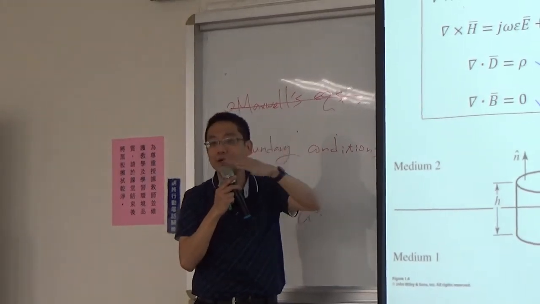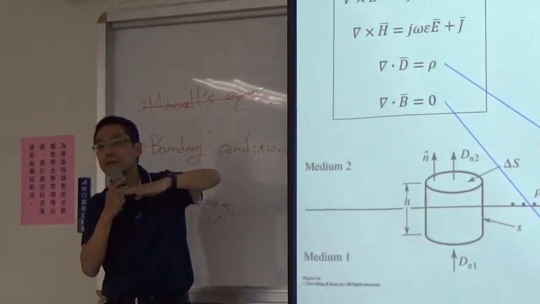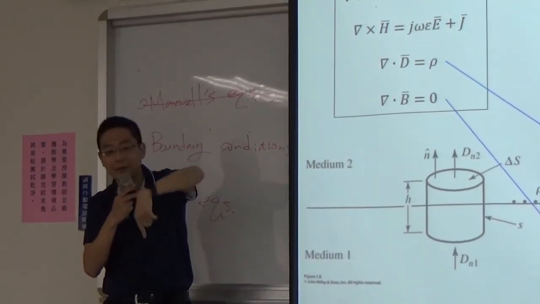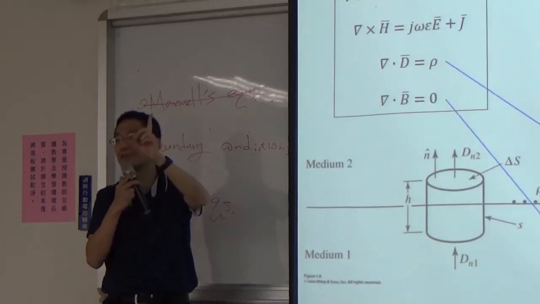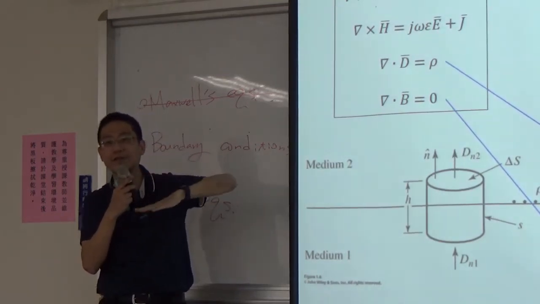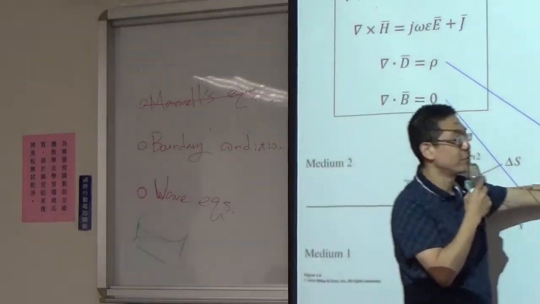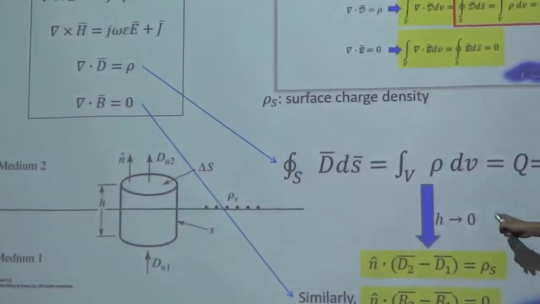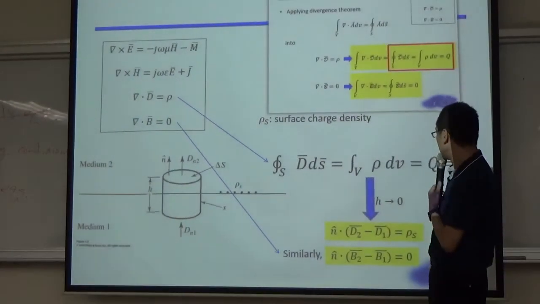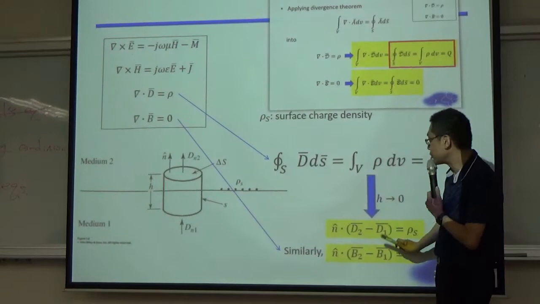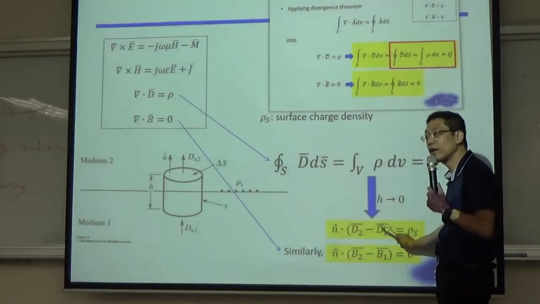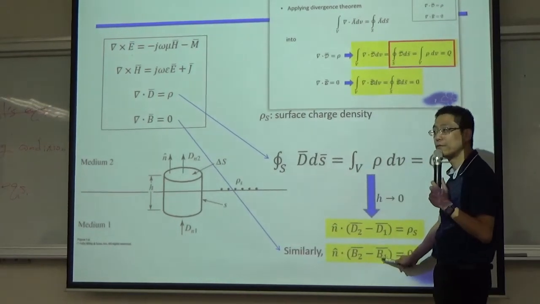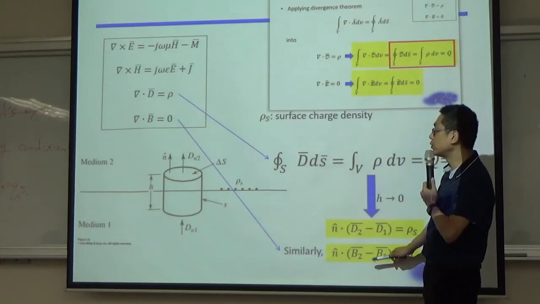So you will have only 2 surfaces, the bottom and the top. For the bottom and the top, only 2 surfaces, and then you apply your Gauss's law on it, and then you can obtain this result for the third equation. There are 2 equations for Gauss's law, right? The third one and the fourth one. The thing is, you need to define.